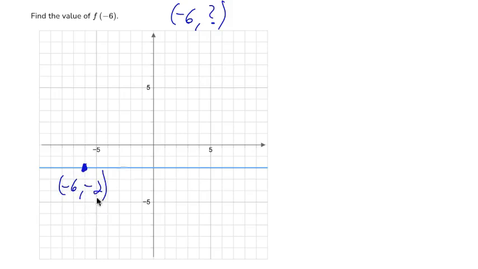So in other words, f of negative 6 equals negative 2. When x equals negative 6, y equals negative 2 for this blue line here. Or in terms of the function, when the input is negative 6, the output is negative 2.